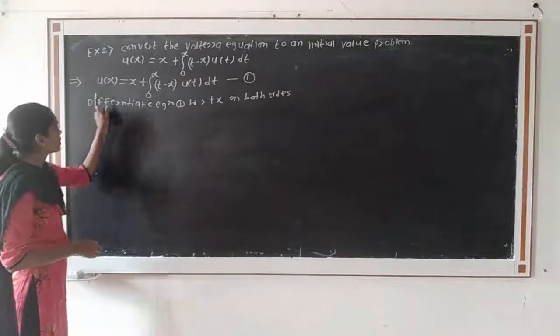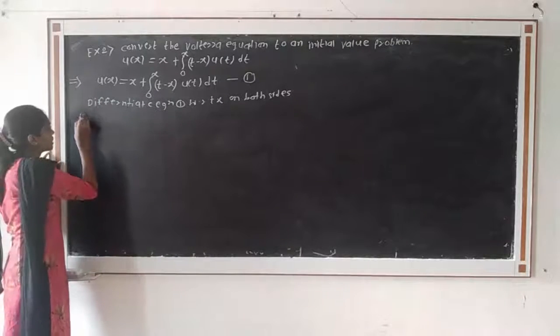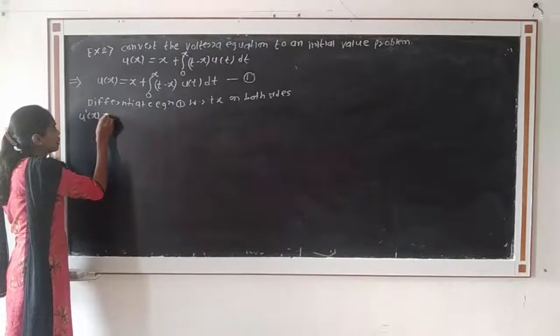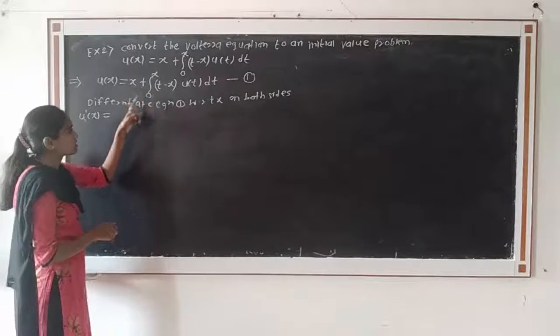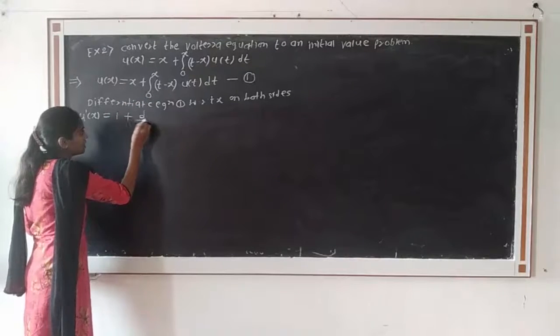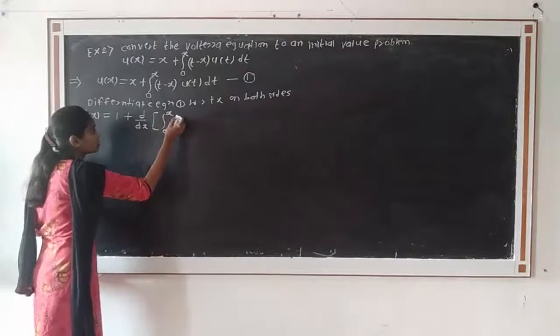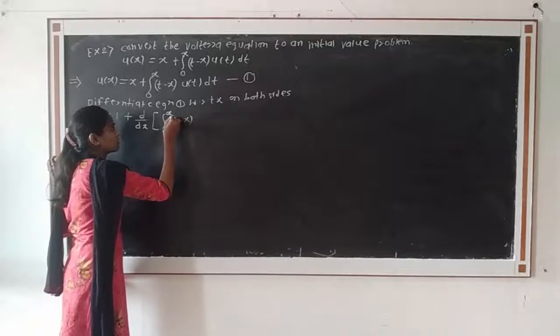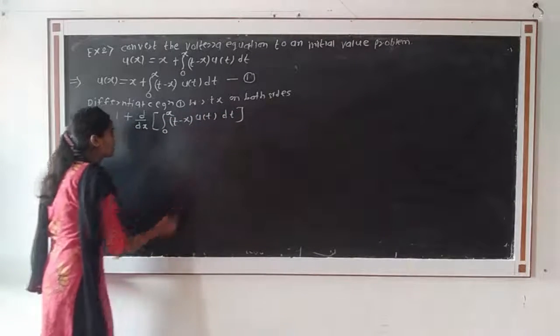We get, differentiating u of x with respect to x, u dash of x is equal to the derivative of x with respect to x, which is 1, plus d by dx of the integration from 0 to x of (t minus x) into u of t dt.